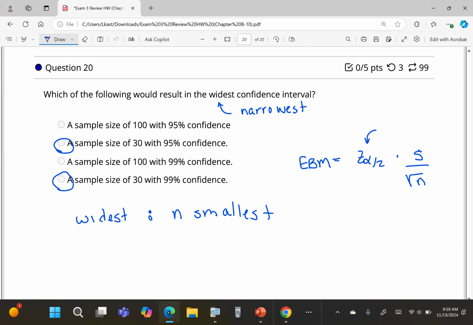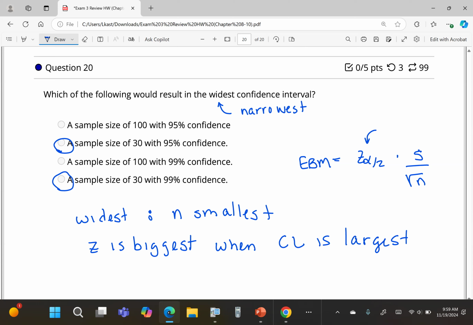And then the z value is in the numerator, and the z is biggest when your confidence level is the largest.